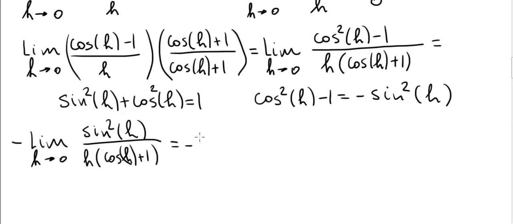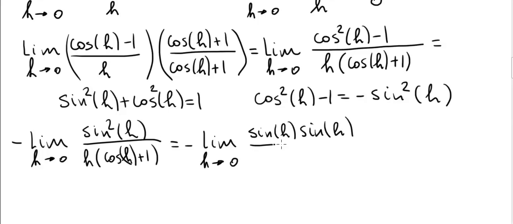And let me rewrite it this way. Limit h goes to 0, sine of h times the sine of h divided by h times cosine of h plus 1. And one more step. Let's rewrite it as two limits.